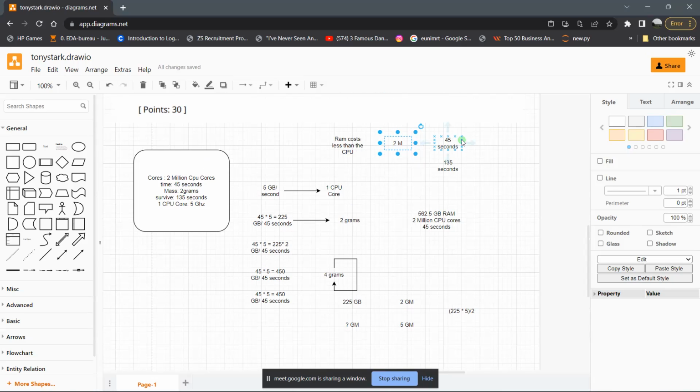It will actually process more of this. So 135 divided by 45, times the 2. Maybe I'm just, okay, let me check something.